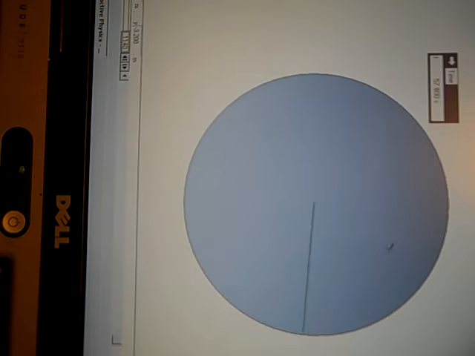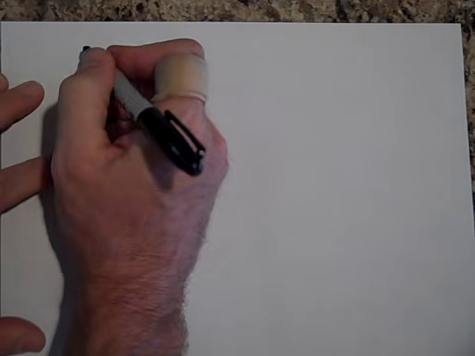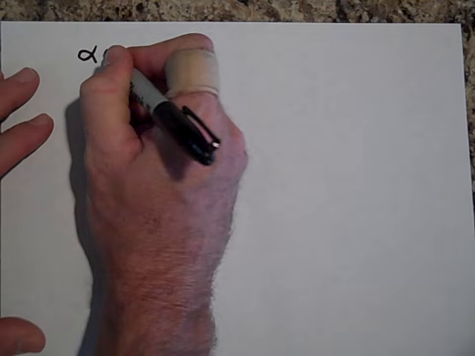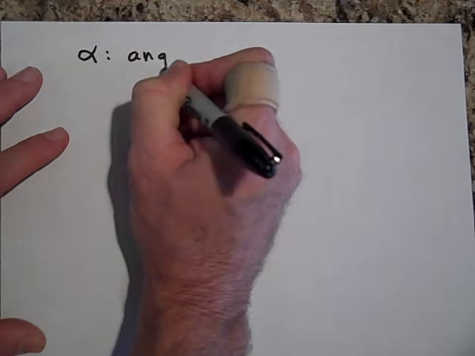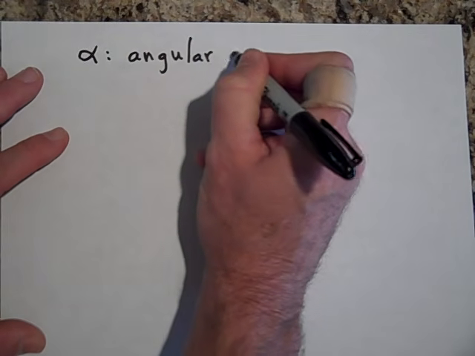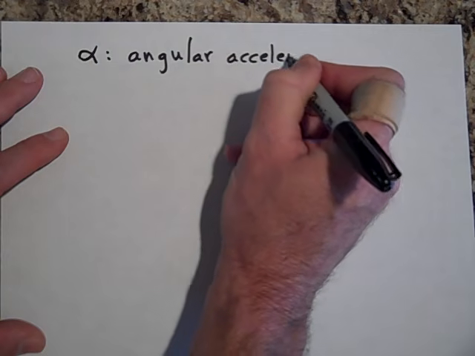Now, what's nice about this is that everything you've already learned about acceleration is contained in angular acceleration, except we can't use an a for angular acceleration. We use an alpha. So alpha is going to be angular acceleration. It is a vector quantity.